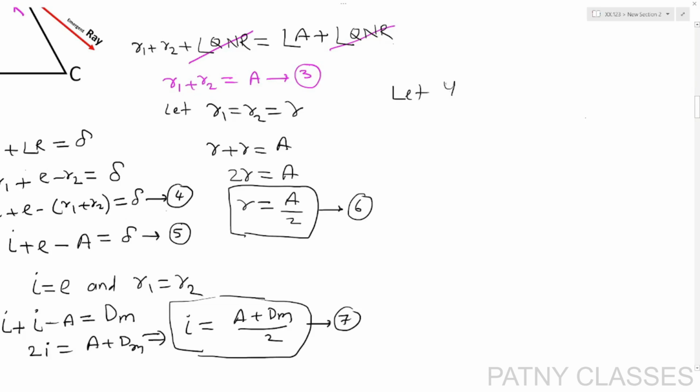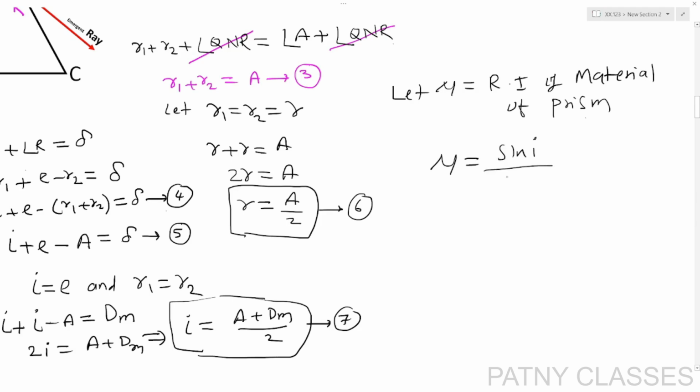Let mu equal the refractive index of the material of the prism. Mu equals sin I upon sin R as per Snell's law.